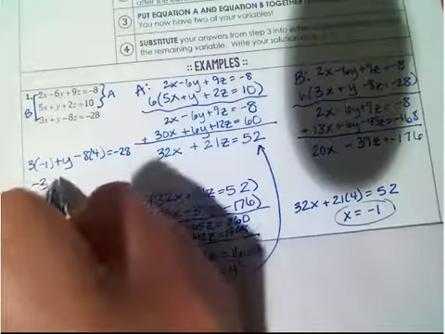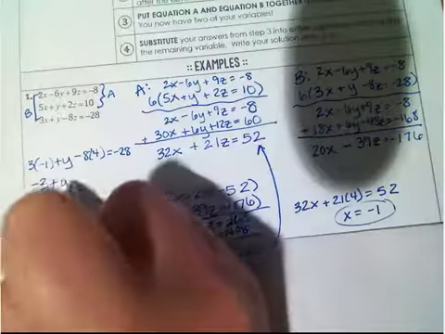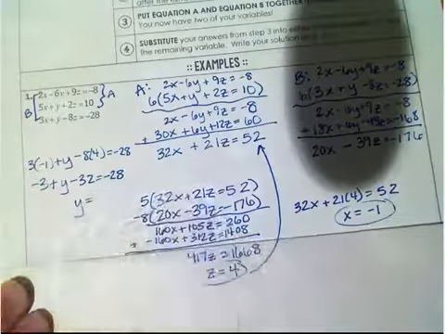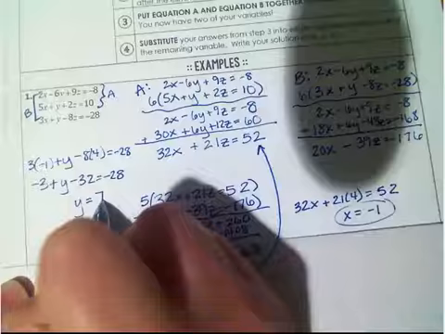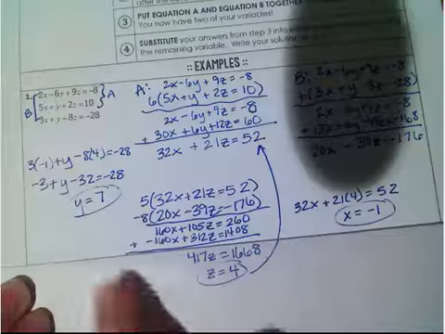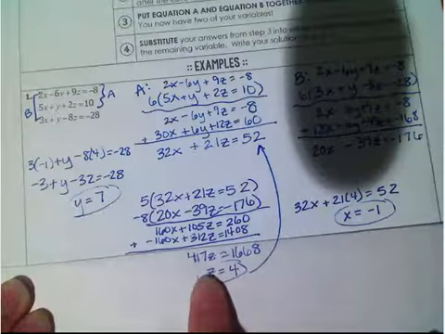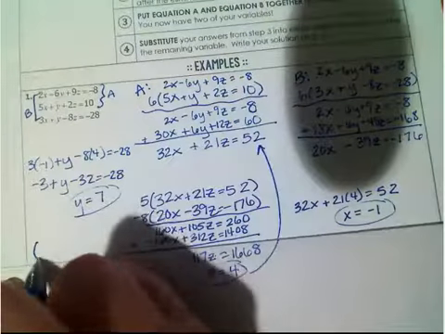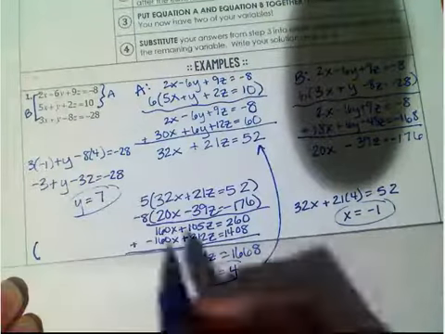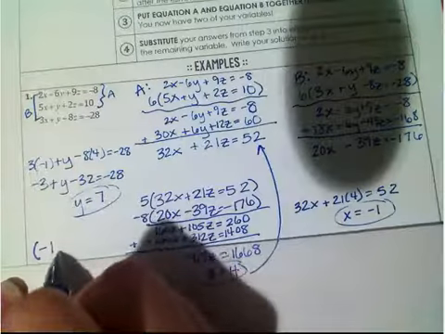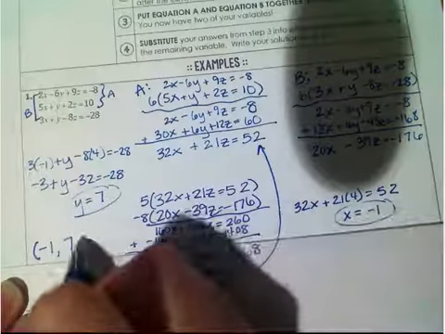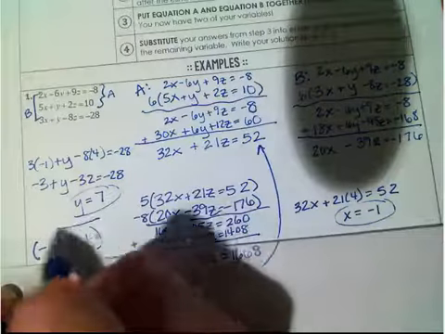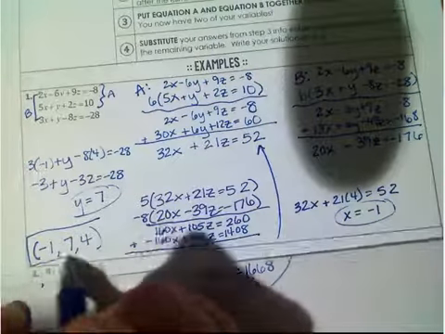So I get negative 3 plus y minus 32. y should equal 7. So now I have solved for my three variables. The way we write our answer is in parentheses, x, comma, y, comma, z. And that is our answer for our system of three variables.